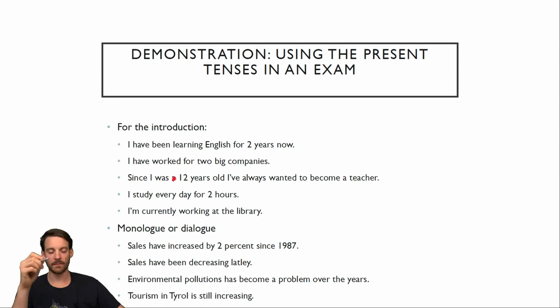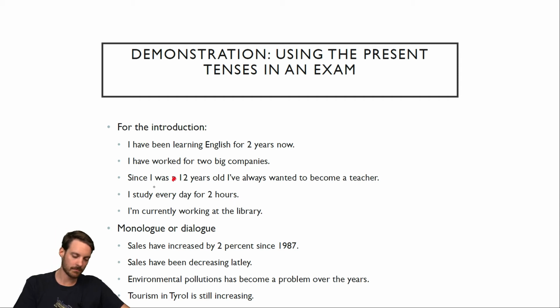Very important here, those are the typical present perfect simple example sentences, but be careful that if you use since I was, it's not since I have been.